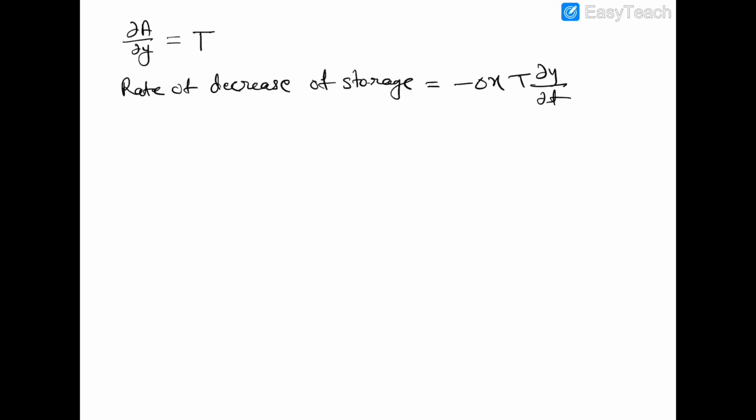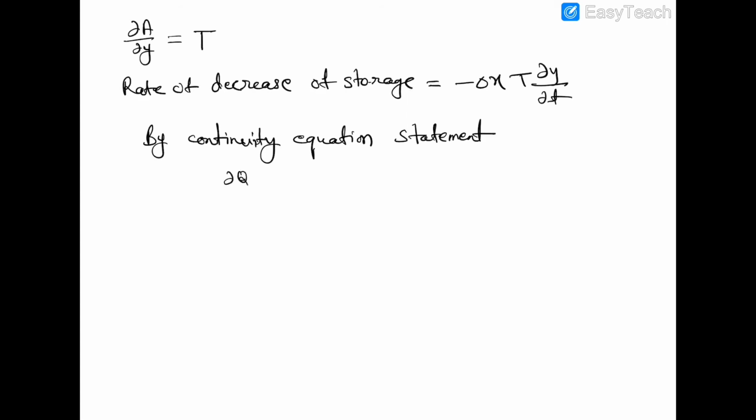Now from the statement of the continuity equation, the net discharge going out of the reach, that is dou Q upon dou x delta x, is equal to the rate of depletion of storage that we have found, minus delta x T dou y upon dou t.